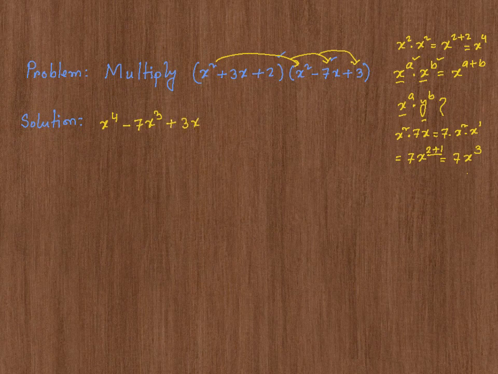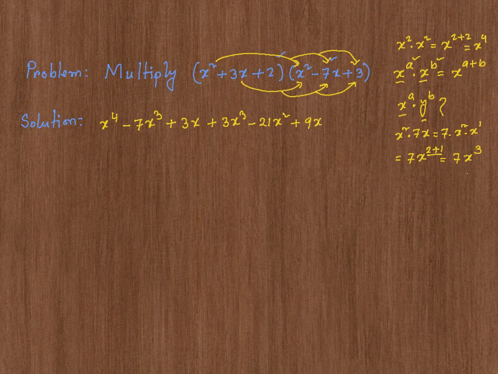Now we have to do the exact same thing for all the other terms in the first polynomial. So we're going to do it for 3x. 3x times x squared is going to give me 3x cubed. And then 3x times negative 7x is going to give you negative 21x squared, and then 3x times 3 is going to be positive 9x.